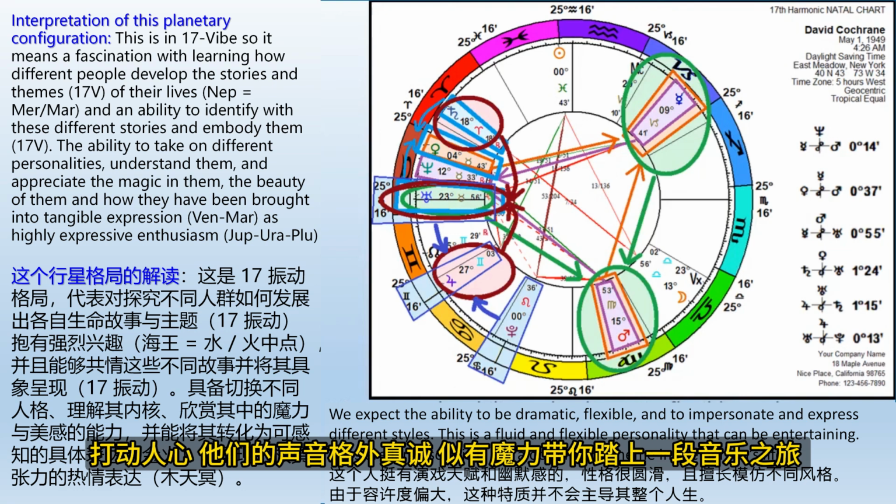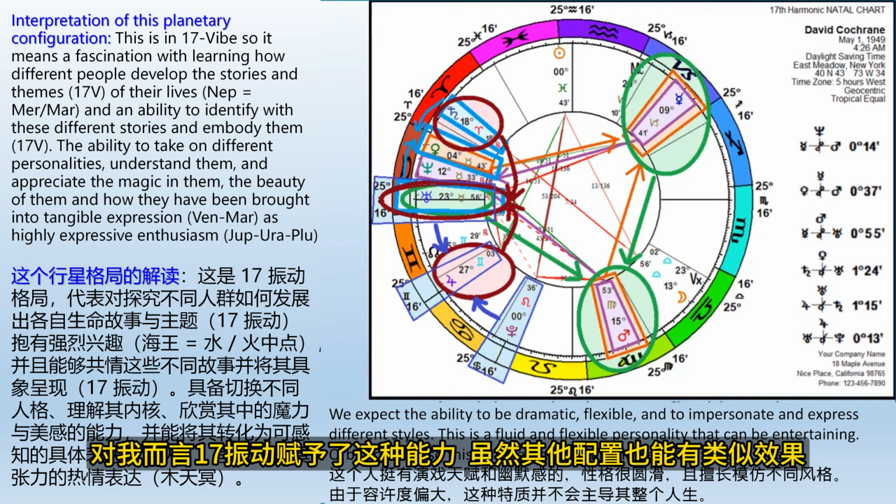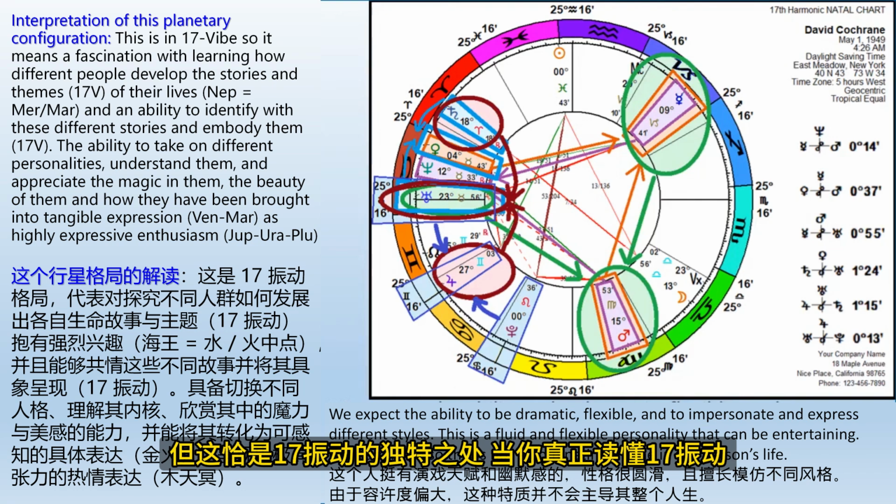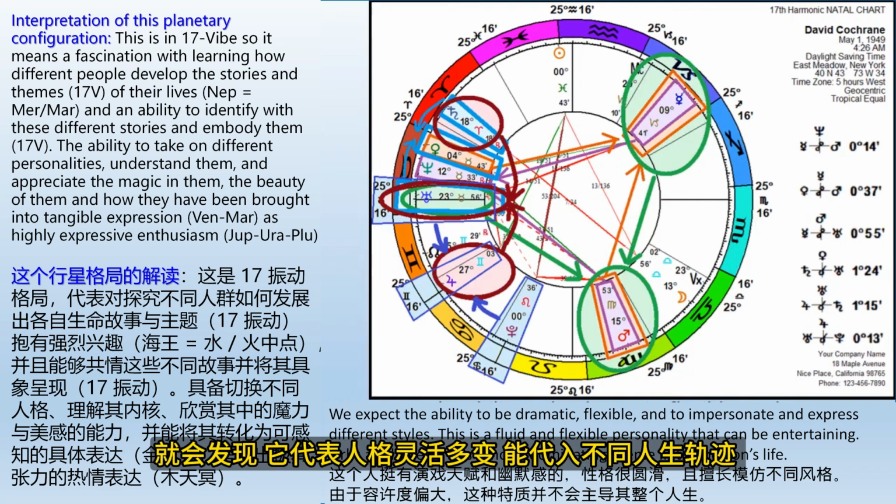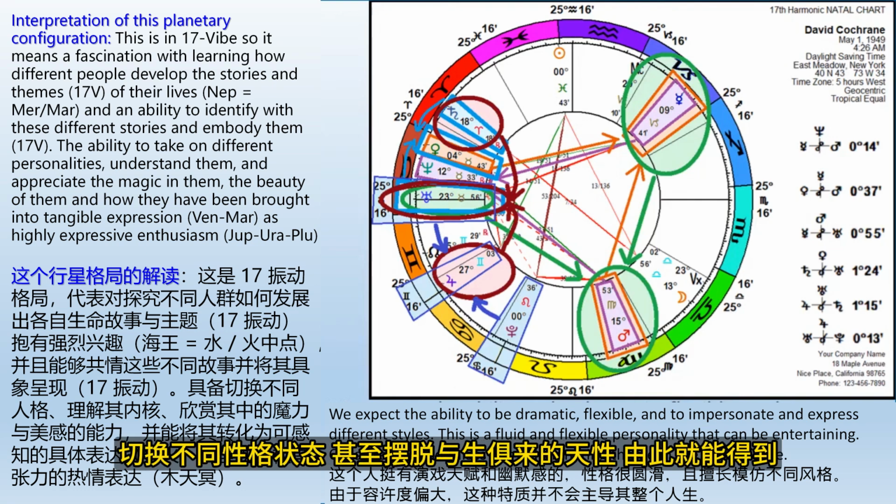They take you on this musical ride. 17 vibration gives the ability to do this. There are other things that can give a similar effect, but this is what 17 vibe does. So when you really think about 17 vibe as this kind of fluid personality that moves into different storylines, different configurations, different even from what it was born with.